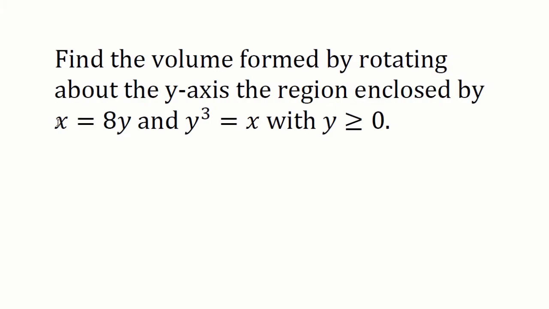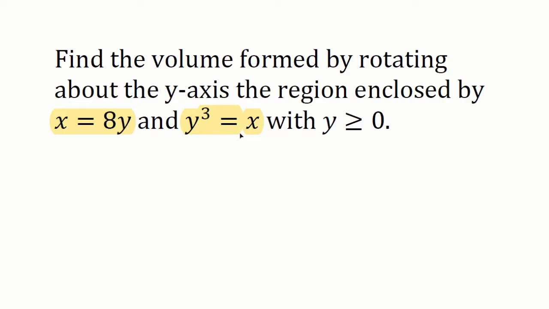All right, so the two curves we are given here are x equals 8y and y cubed equals x. These are just any two graphs, in the way they are currently expressed: one curve is x equals 8y, and the other one is y cubed equals x.